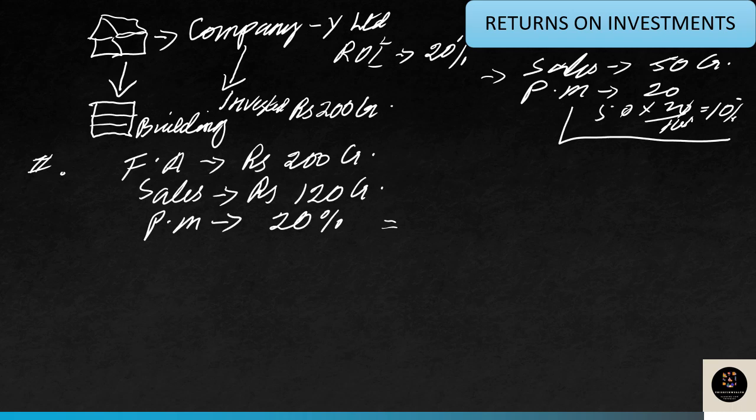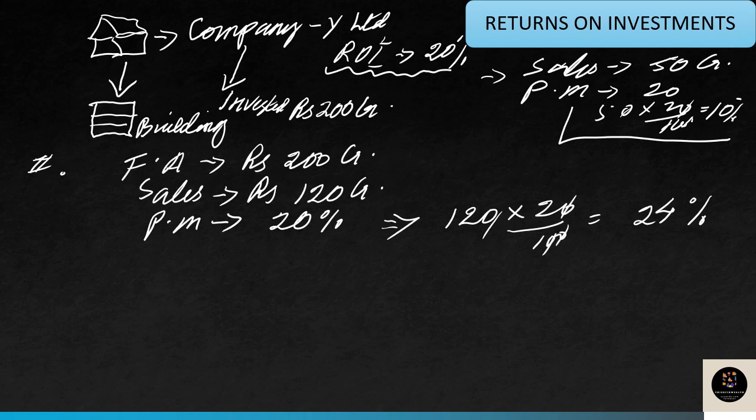So what is the profitability of the business? 120 into 20 by 100 equal to 24%. Okay, so here the expected return on investment is 20% and the actual result is 24.